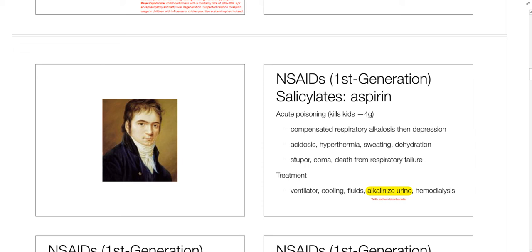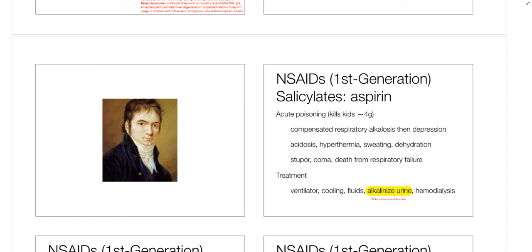Because remember, aspirin is non-ionized at first when we take it. It enters the stomach, it's acidic, and it will go into the blood, but it is attracted to highly alkaline areas of the body.